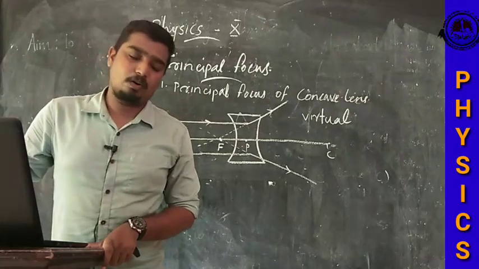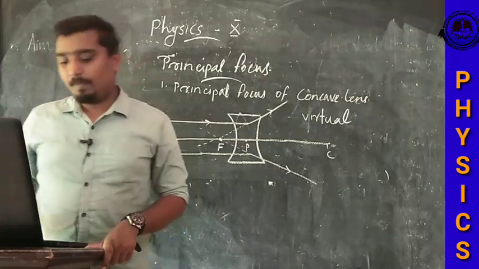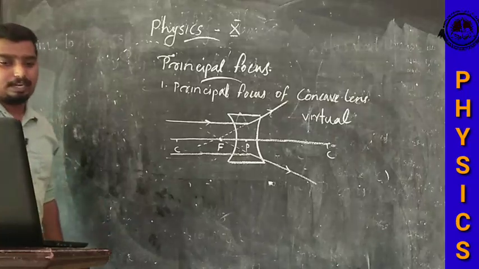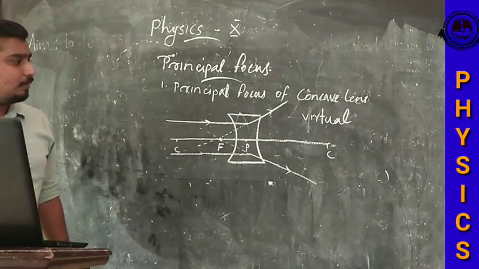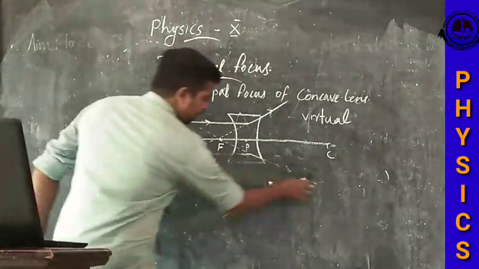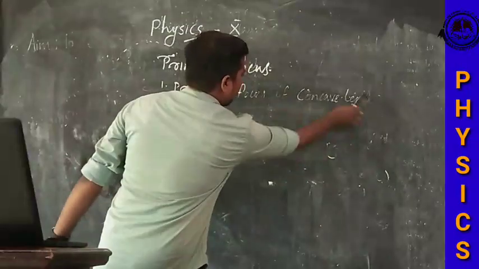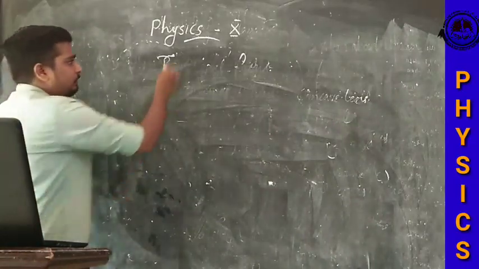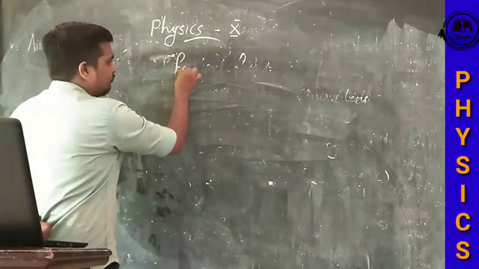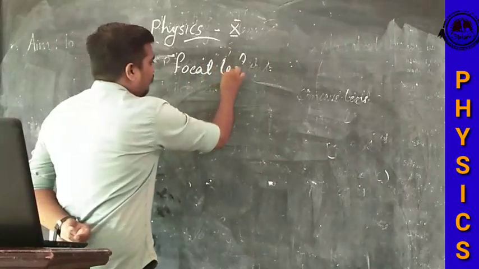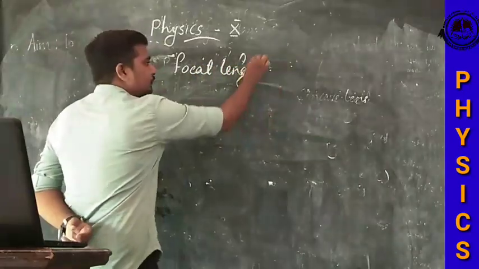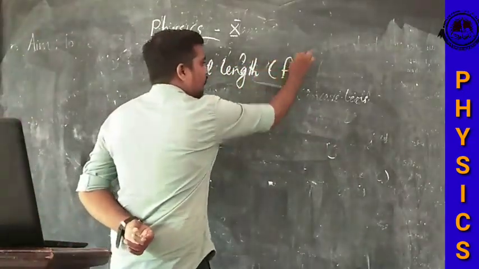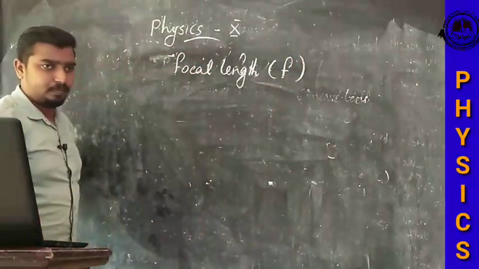Okay, the next term related to lens is focal length. It is represented as small letter f.